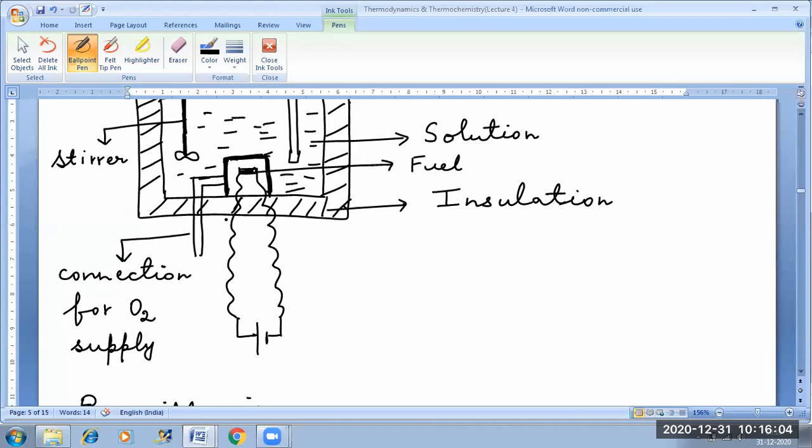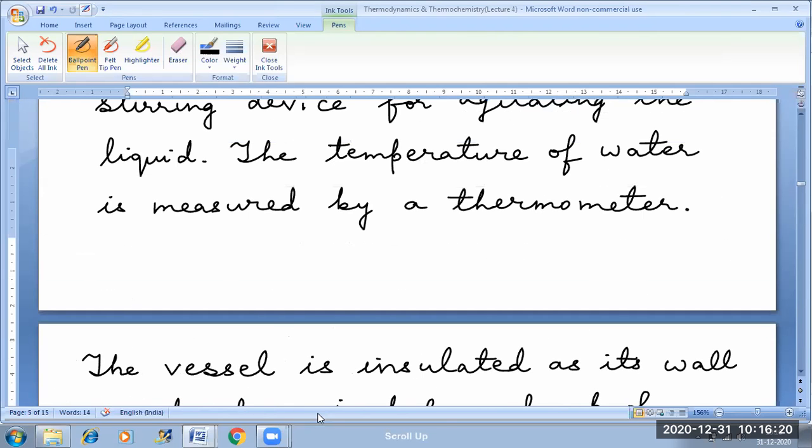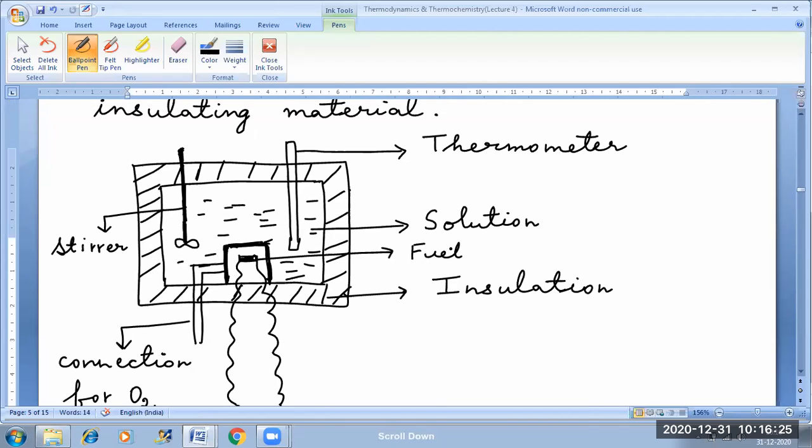Now, outside the bomb, you see there's a huge shell. This entire thing is a large vessel. That vessel contains water or any solution or liquid.